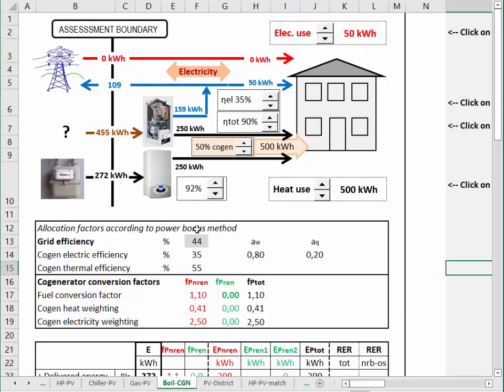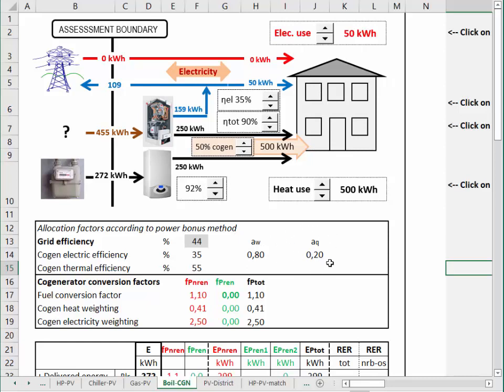This method requires a reference value, which is a grid efficiency. Then, using the electric efficiency and thermal efficiency of the cogenerator, you get the allocation factors for electricity and for heat. That is, the fraction of the incoming weighted energy which is allocated to electricity and to heat.